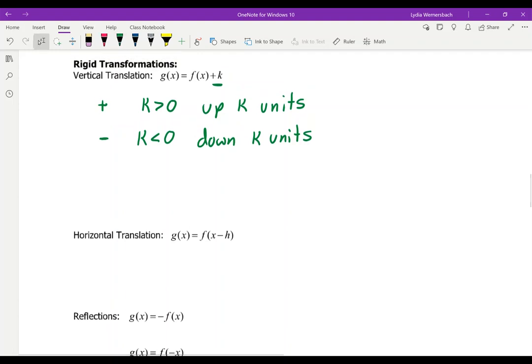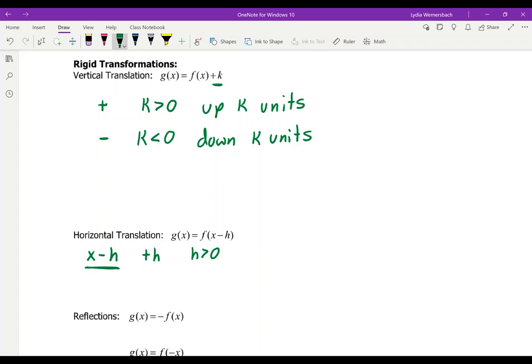Now, when we're working with horizontal translations, that's when it gets a little tricky. So if we have something where it's written as x minus a number h, that actually means that h is positive, or, again, greater than 0. And so we're moving kind of the opposite of what we think. So we would think, oh, it's negative, I'm going to move to the left.